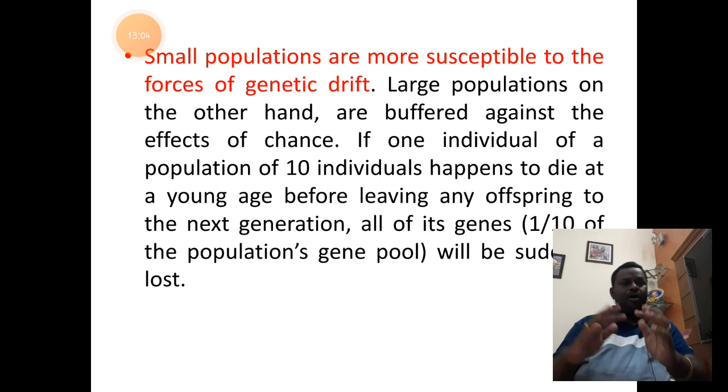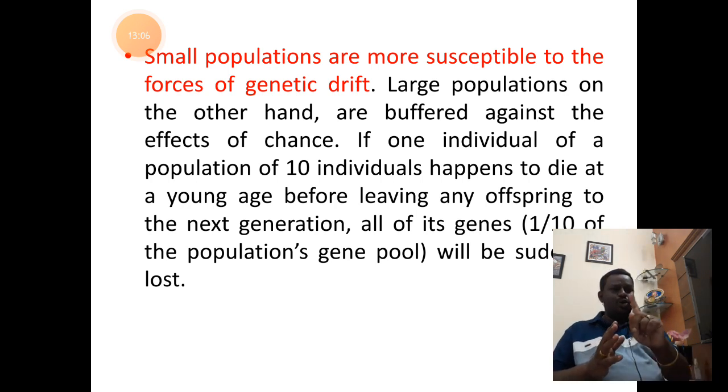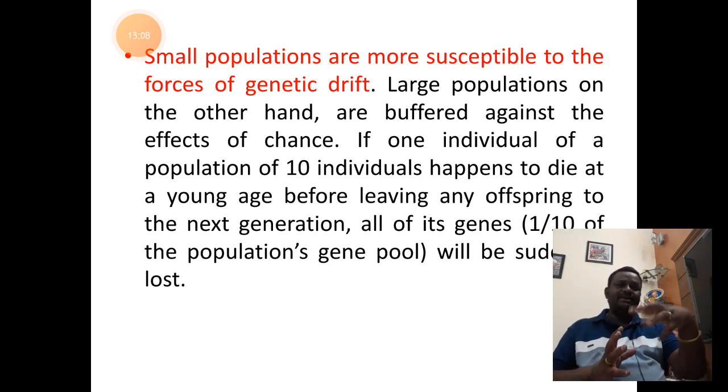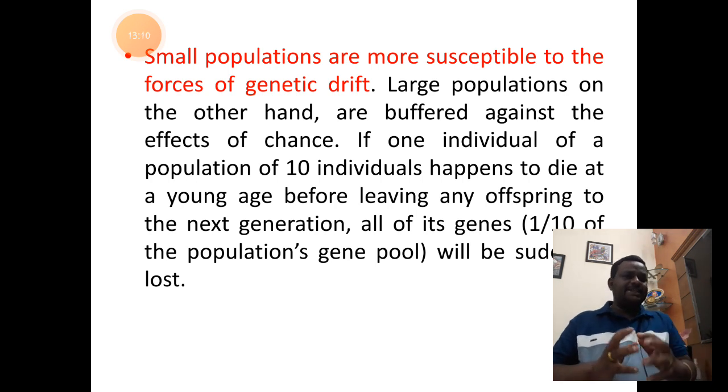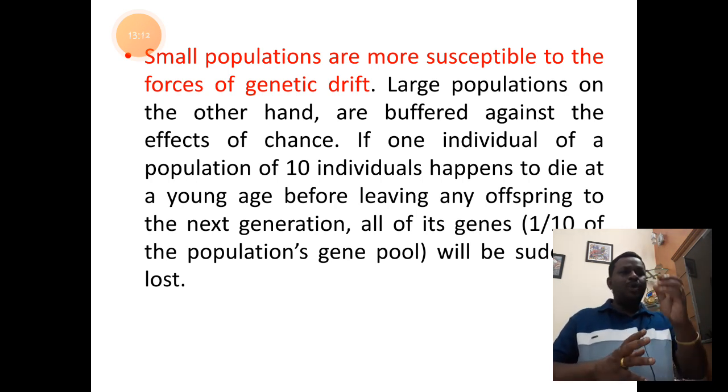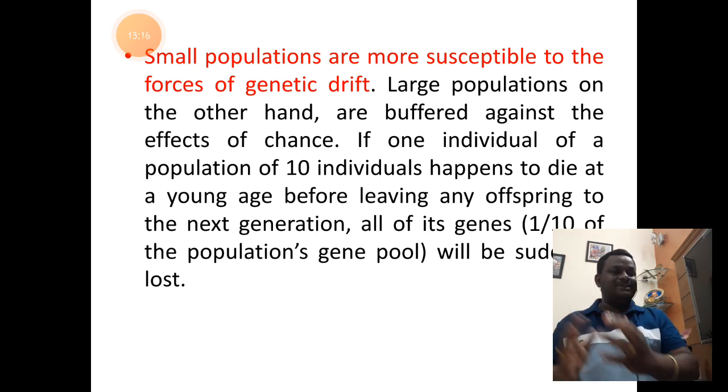Correct? Of 10 individuals, one before mating is dead. It is killed otherwise. So 1/10 of the gene pool frequency is lost.